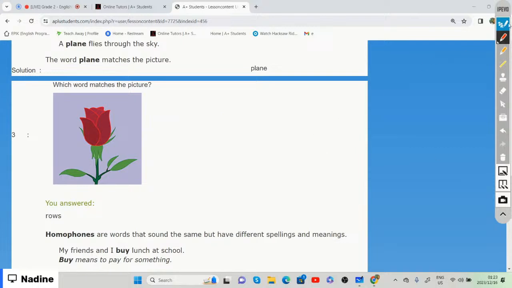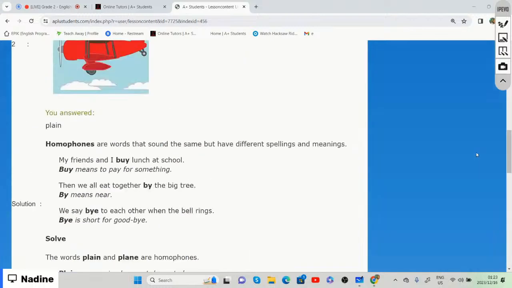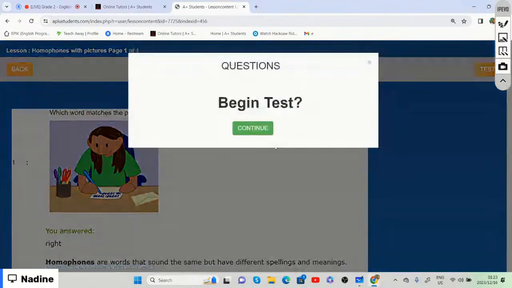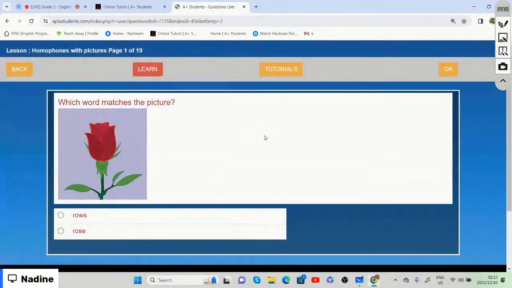All right, so now we're going on to our test. So we need to say which word matches the picture. Is it the first word rose?